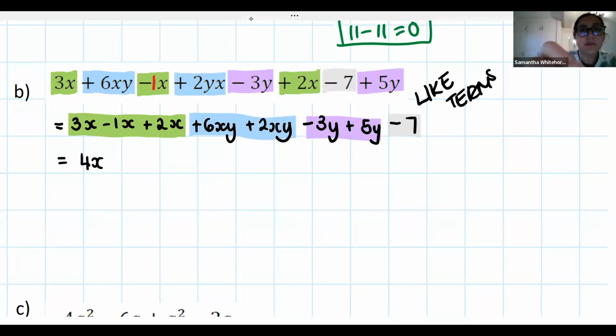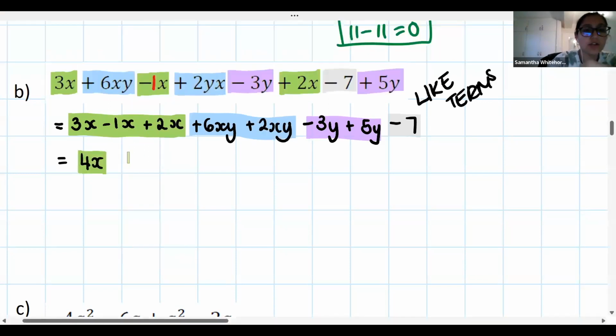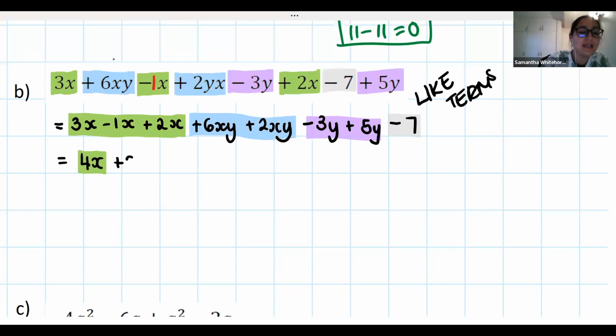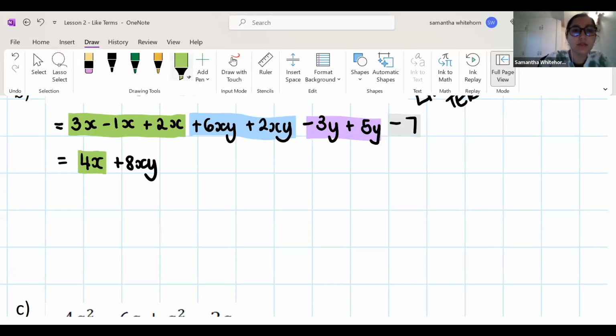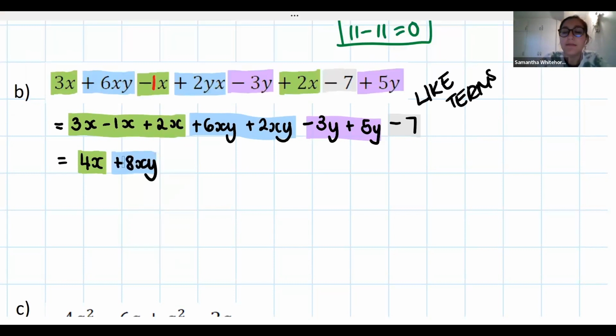So again, what has happened is that those green terms have all simplified down to one term because we could add and subtract them. We've then got the blue terms, so positive 6xy plus 2xy. If I've got 6 of them and I'm adding 2 more, I now have 8xy. So again, those blue terms have simplified to a single term of positive 8xy.